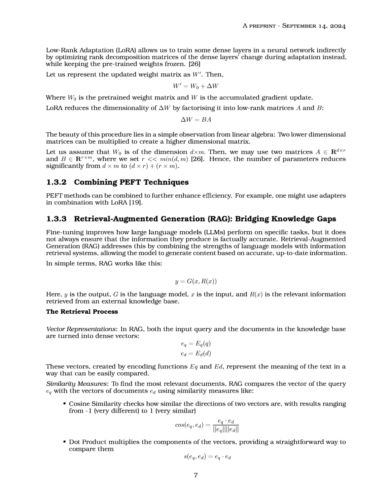RAG combines the strengths of language models with information retrieval systems, allowing the model to generate content based on accurate, up-to-date information, thereby reducing the likelihood of hallucinations by grounding outputs in verified data.